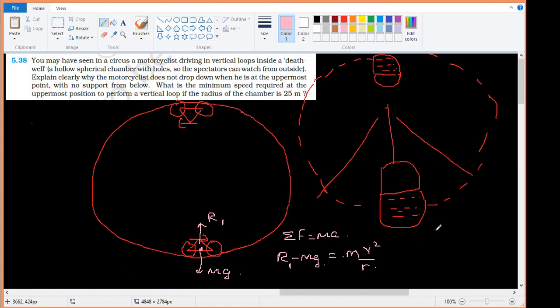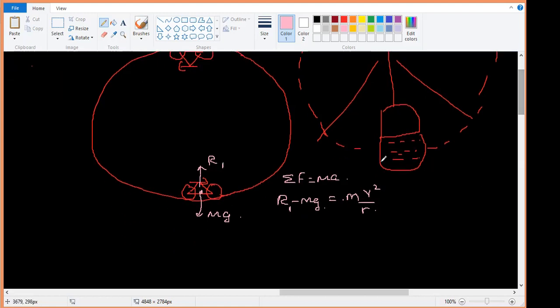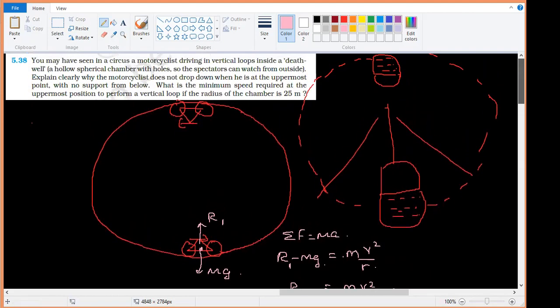That means R1 is equal to mv squared by r plus mg. I hope no doubts here, anybody? But if you take this one, mg is acting downwards, because weight always acts downwards.